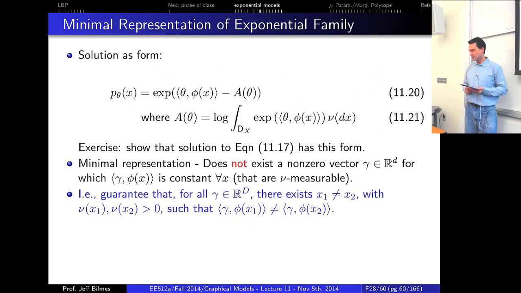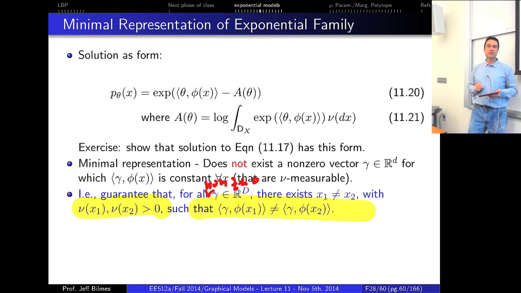Another way of writing this is that for all non-zero gamma, there exists an x1 and x2, not equal to each other, that are both measurable, and these inner products are not the same value.